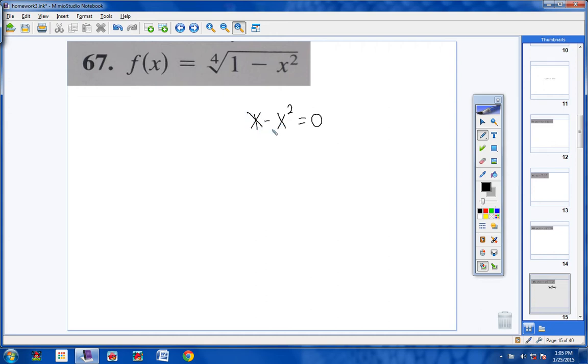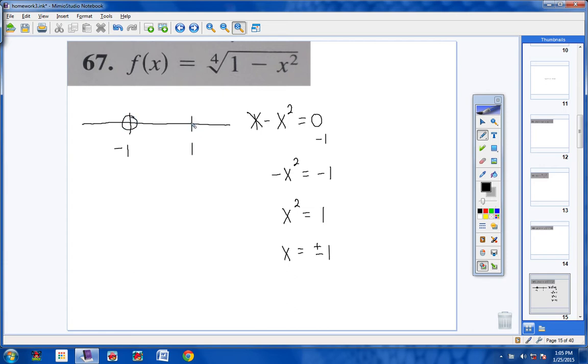We bring this positive 1 over and make it a negative 1, so we're left with negative x squared equals negative 1. Now divide both sides by negative 1. X squared equals 1. Now take the square root of both sides. The square root of x squared is x, and the square root of 1 is positive or negative 1. I hope all of this rings a bell. Then we put a number line over here and put negative 1 here.